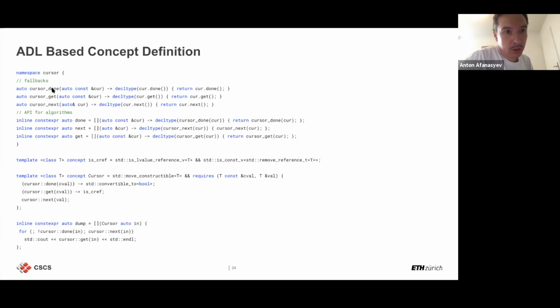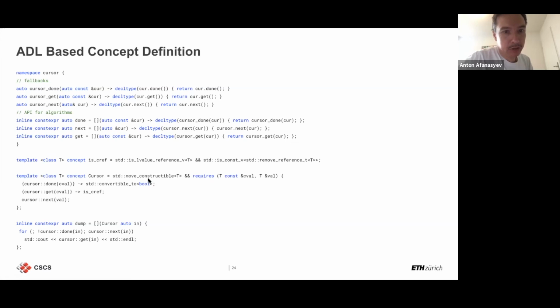And okay, we define those cursor done methods, and then we will write the niebloids for them, and those niebloids are also with this SFINAE enabler trick. And so niebloids delegate to cursor done, and cursor done delegates to car.done, and so on.